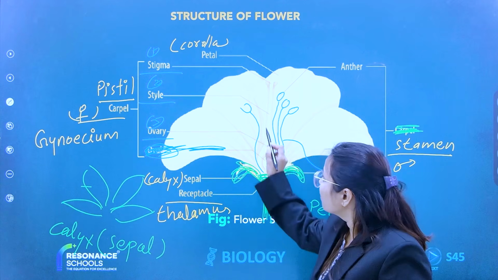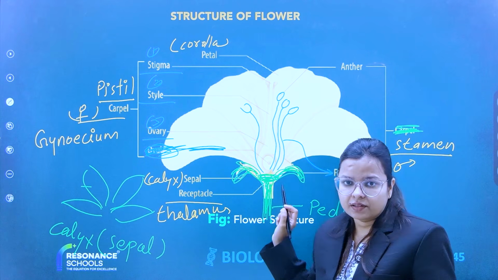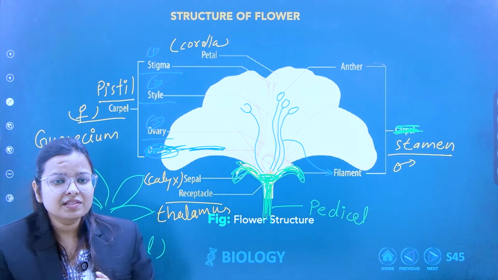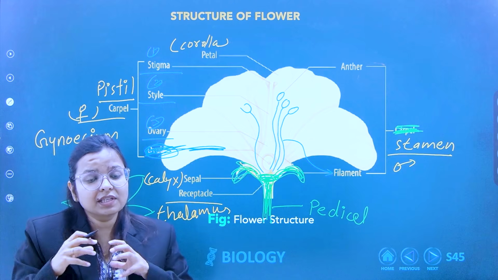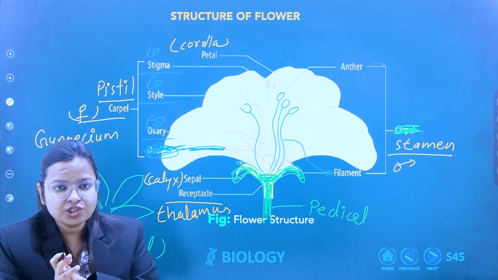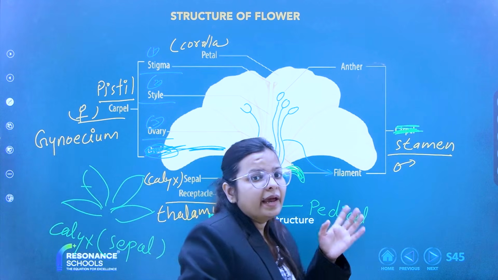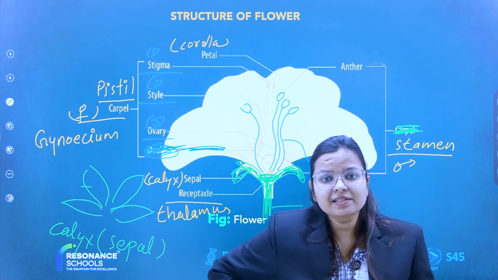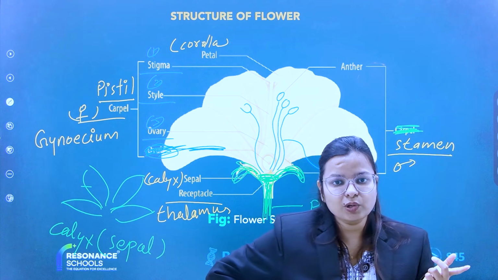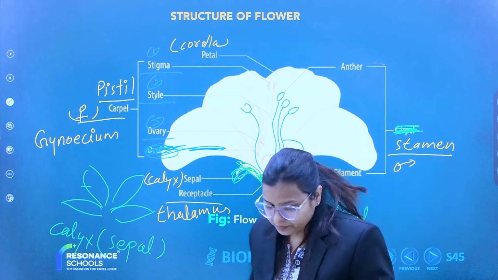Here we can see only one carpel. In other flowers there can be many carpels or pistils together, so it is gynoecium. Group of stamens, androecium. Group of carpels, gynoecium. Group of sepals, calyx. Group of petals, corolla. Now you get it?